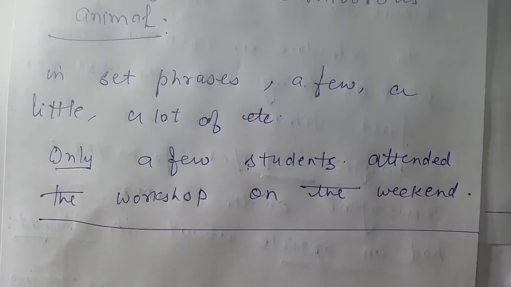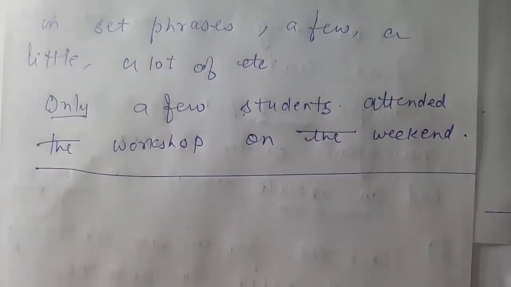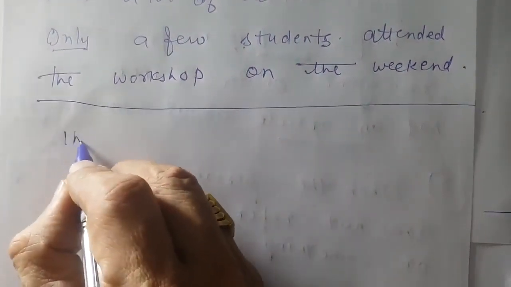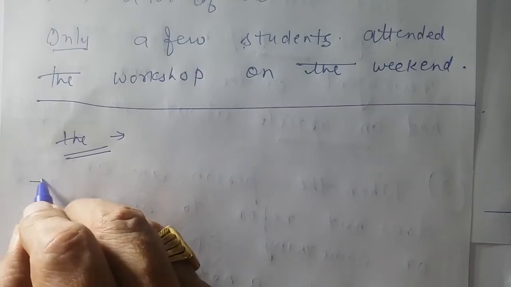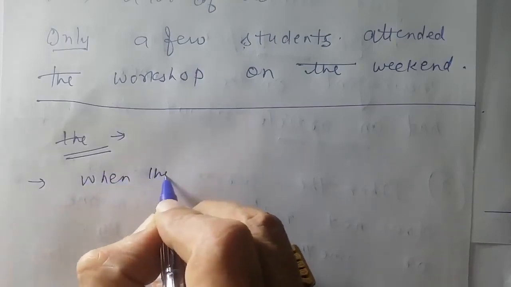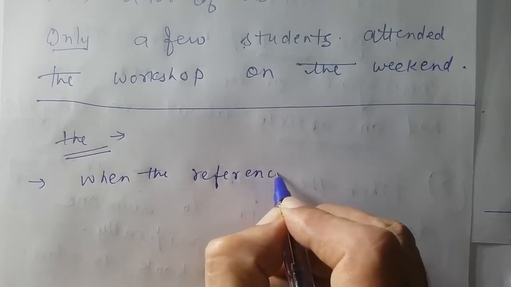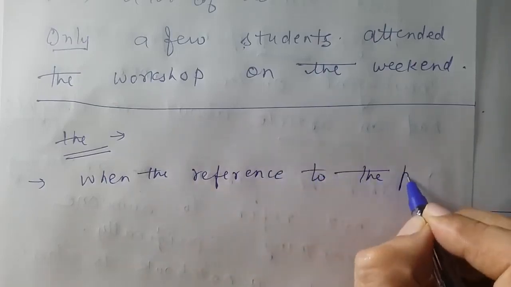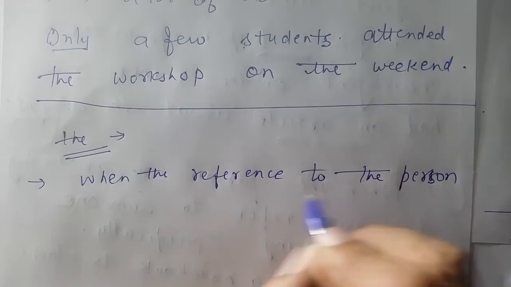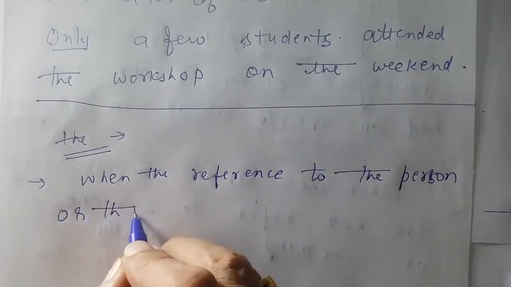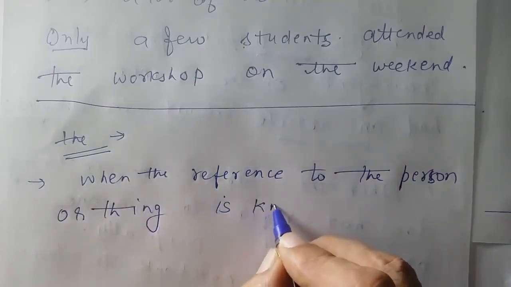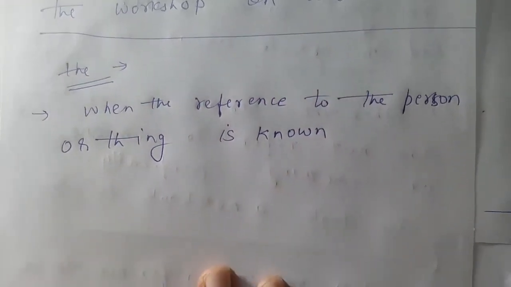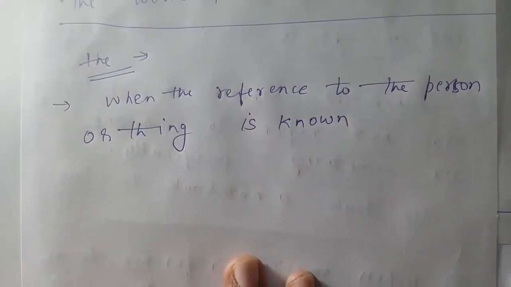So these are the rules of a or an. Now let's go to how to use the. There I told you one thing in my first example, when the thing or person is unknown. So here, this is my use of the: when the reference to the person or thing is known.